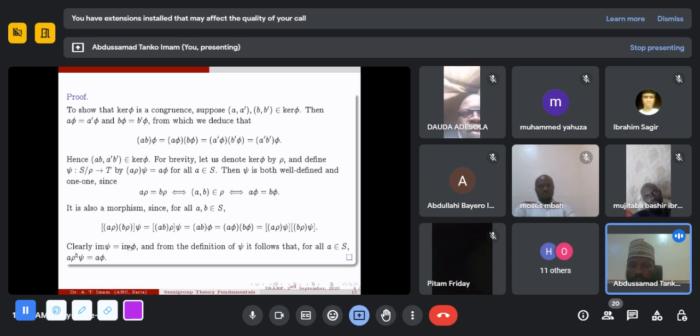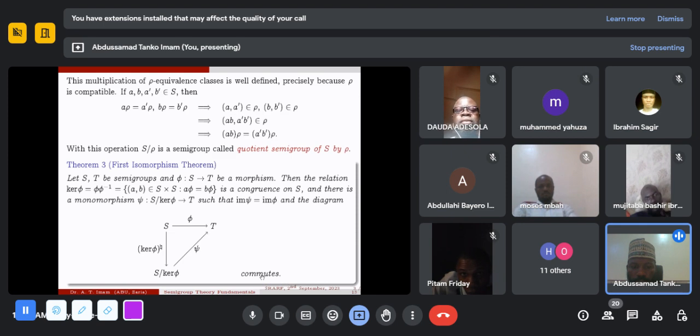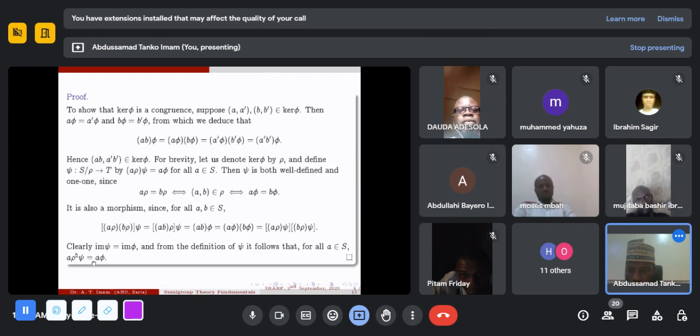And then clearly, by virtue of the way we define psi, we see that the image of psi is equal to the image of phi. And the commutativity of the diagram that we said here is to see that if you compose this natural homomorphism with psi, you recover phi. And that is what we have demonstrated here.